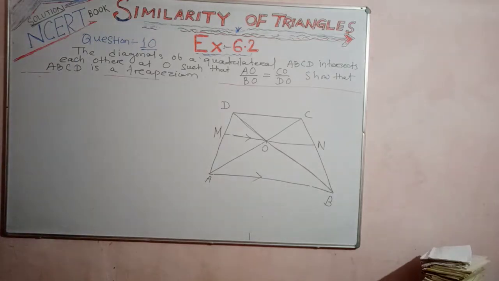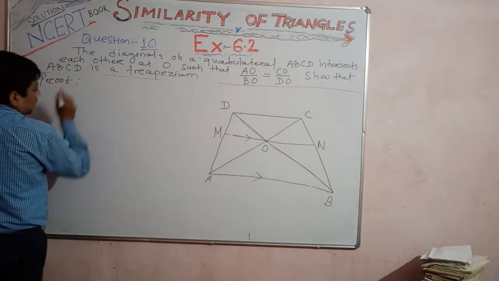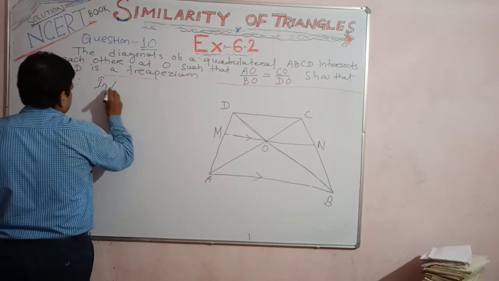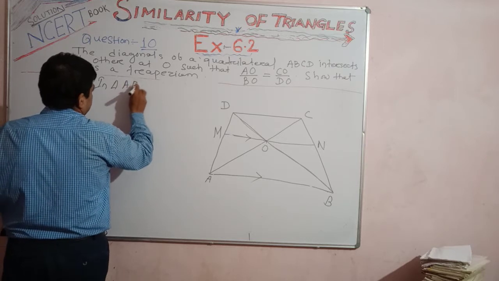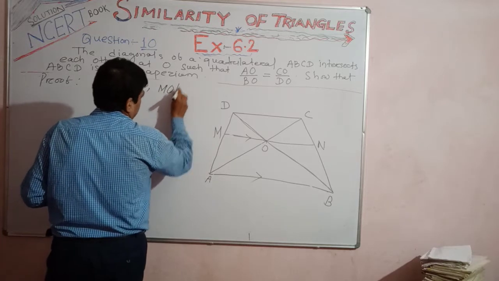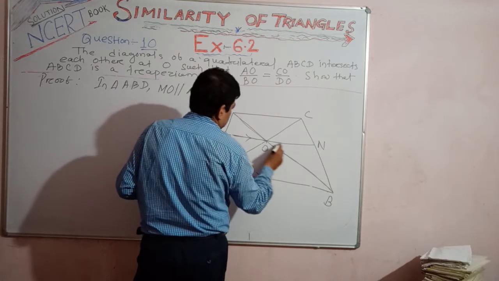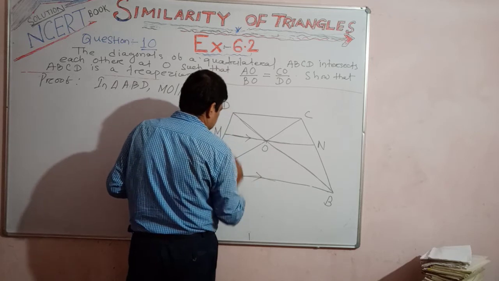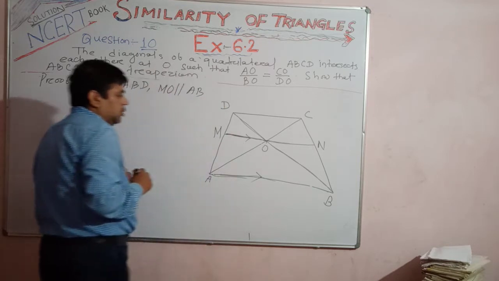Okay, students, now let us see. In the triangle ABD, what are you finding? MO is parallel to AB. Why? Because as per the construction, MN is parallel to AB. Since MN is parallel to AB, MO is also parallel to AB, because MO is a part of MN.